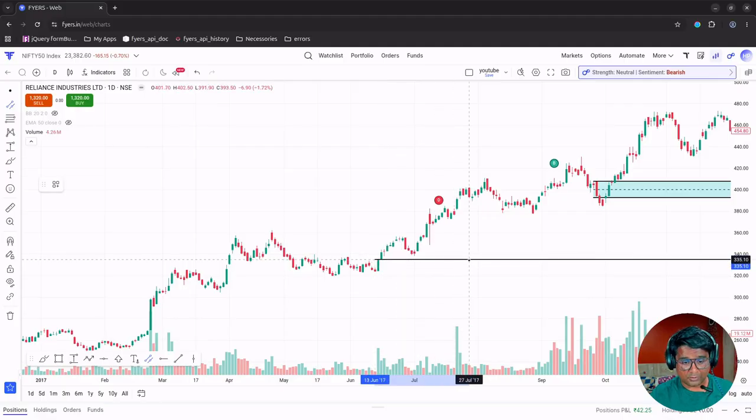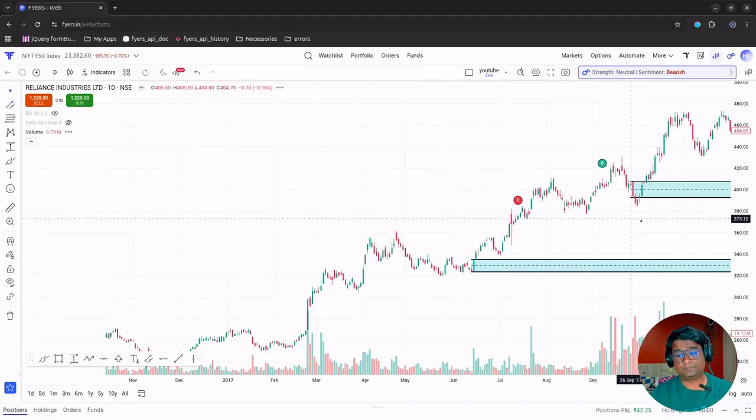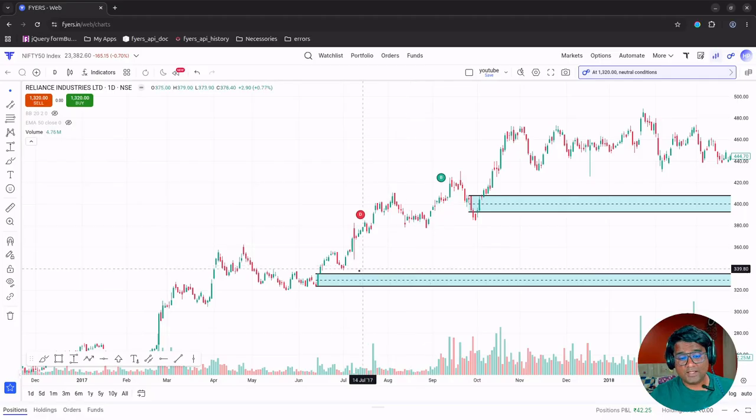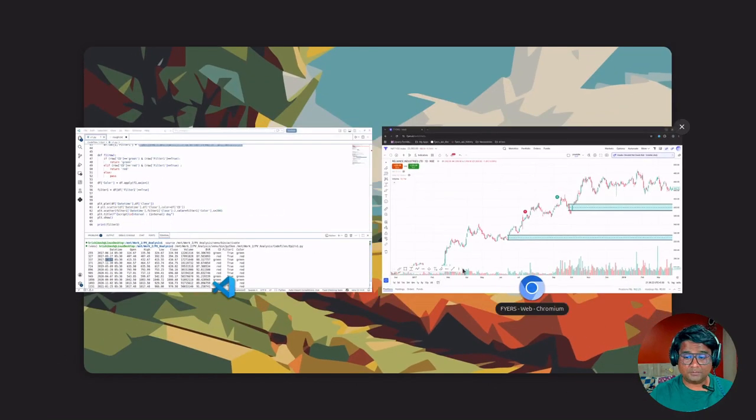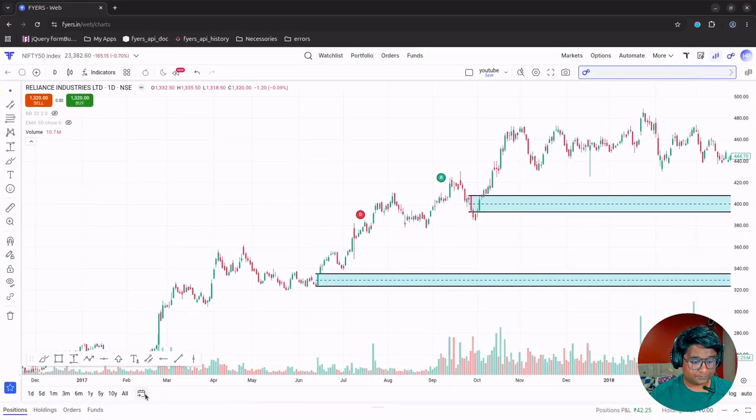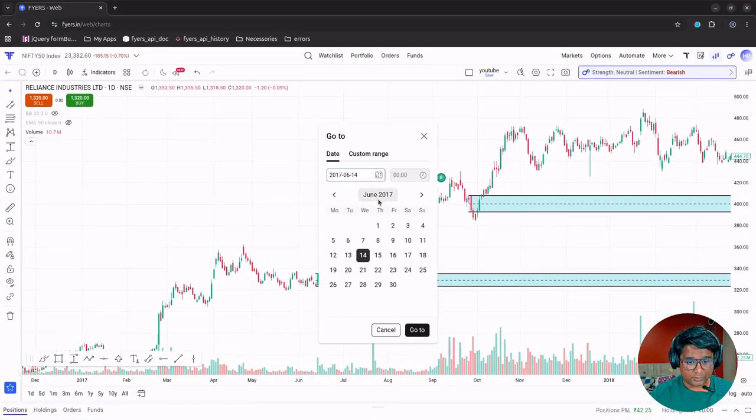We will plot all of these. See, these singular candles are confirming the demand zone. Next we have 12th October 17.